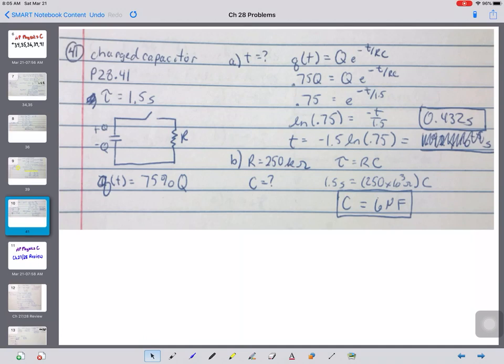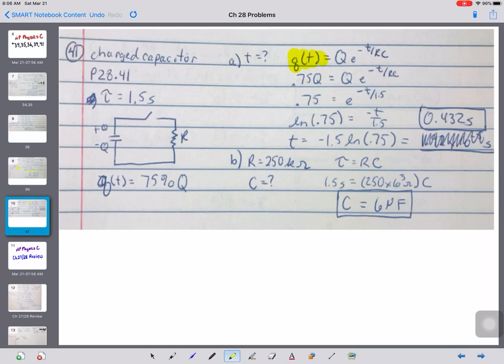41, you have a charged capacitor. You know the time constant is 1.5. And Q of t, you want it to be at 75% of the maximum charge. So we start with our Q of t for discharging.